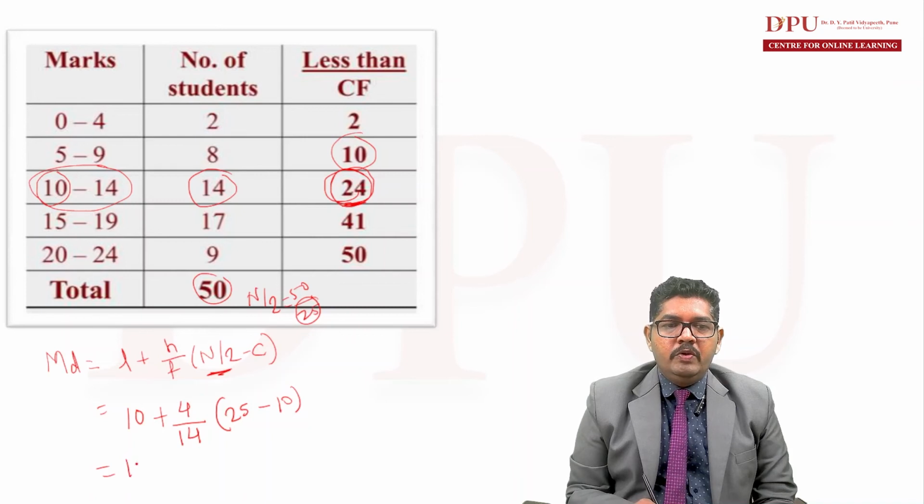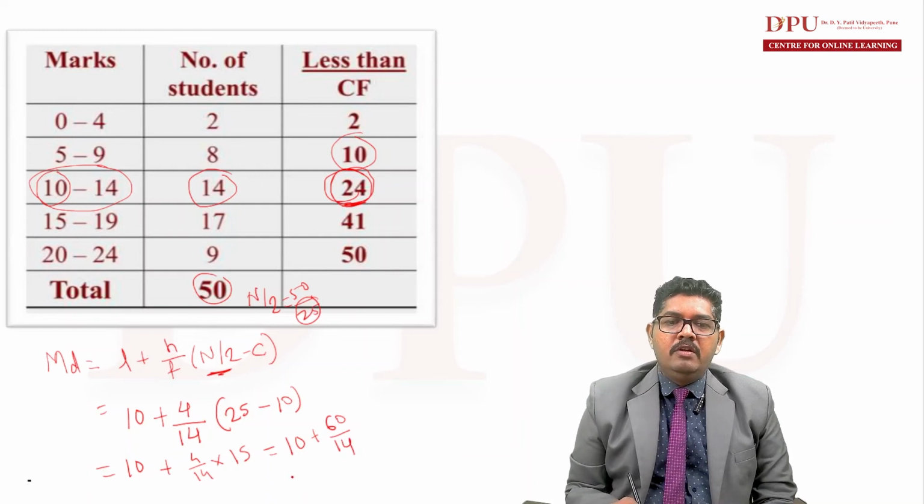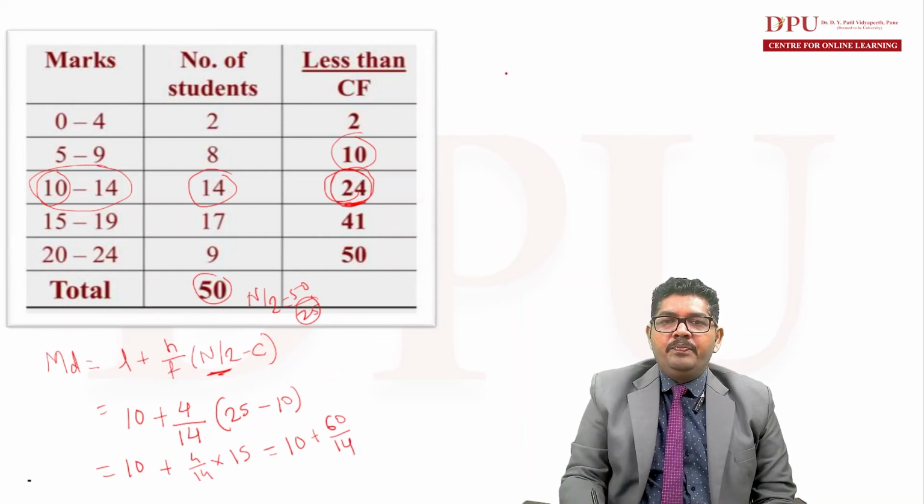So this will be equal to 10 plus 4 divided by 14 multiplied by 25 minus 10, which is 15. So this is 10 plus 15 4s, which are 60, divided by 14.